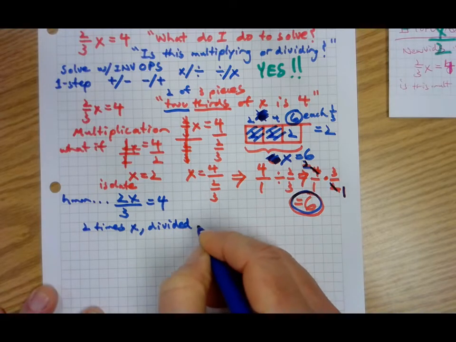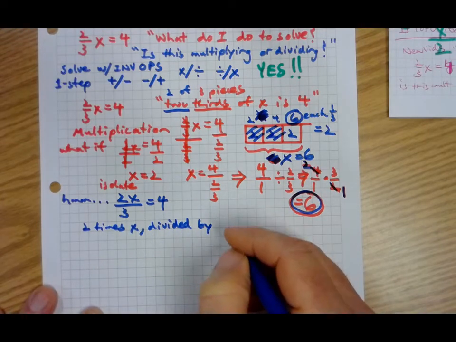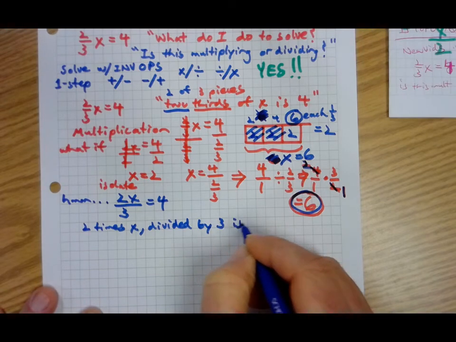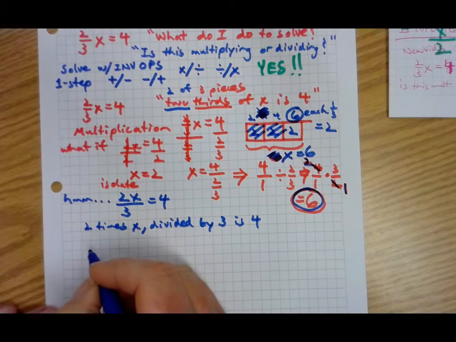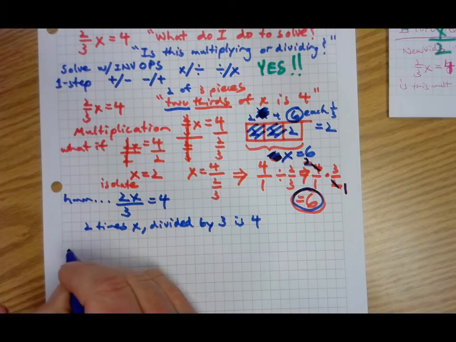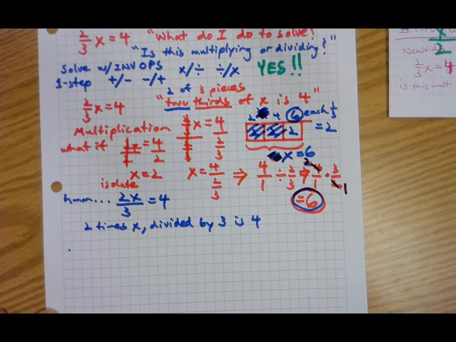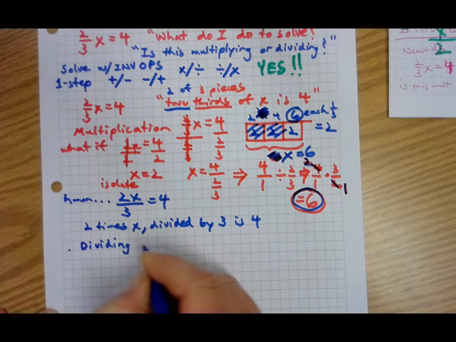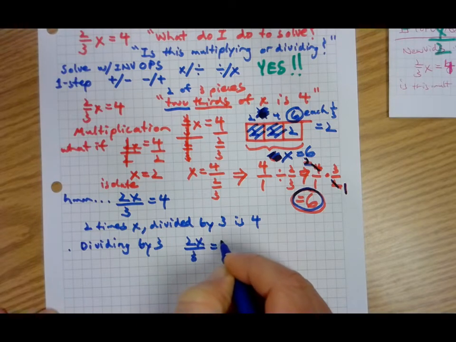And you already know what the answer is, but let's just show you how thinking of it in a different way, if it suits your mathematical needs, this might be a better way of thinking about it. So if we're multiplying, we just turn this into a 2-step problem. First of all, we're dividing by 3. So 2x divided by 3 equals 4.